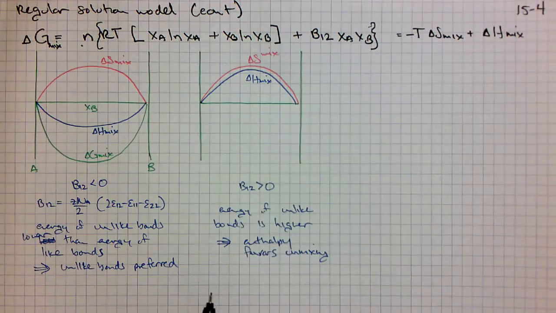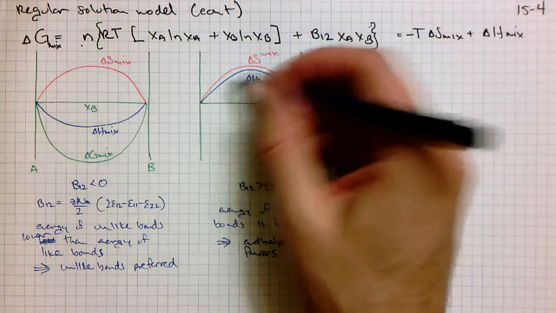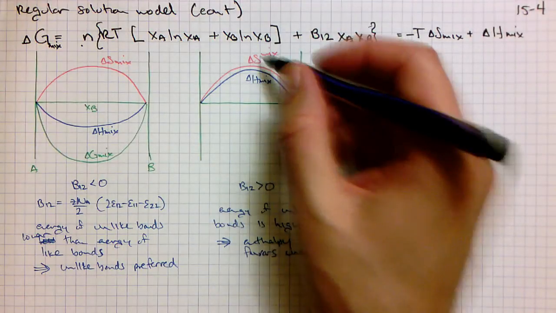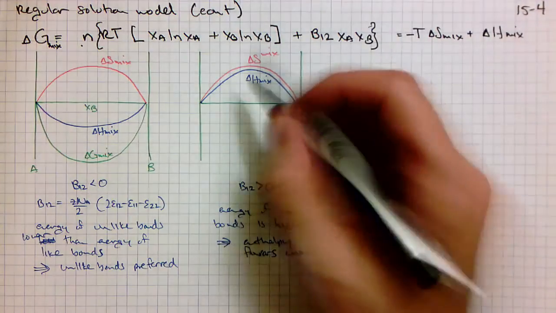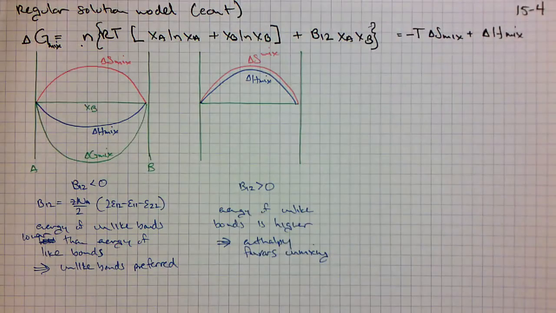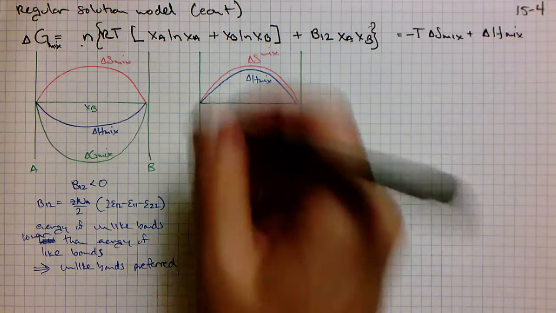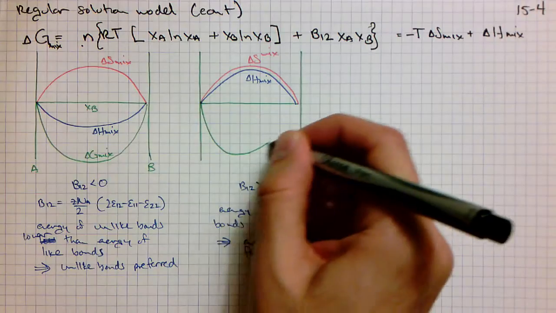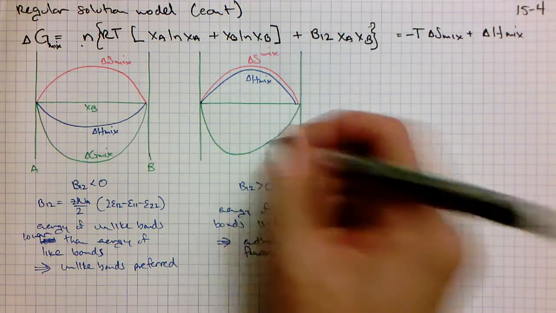And that means that depending on how big the contribution of delta H mix is compared to T times delta S mix, so depending on the temperature, you can either get a delta G that looks like we had before.